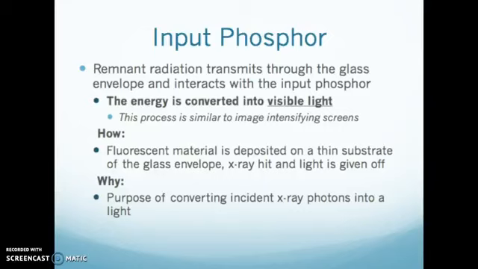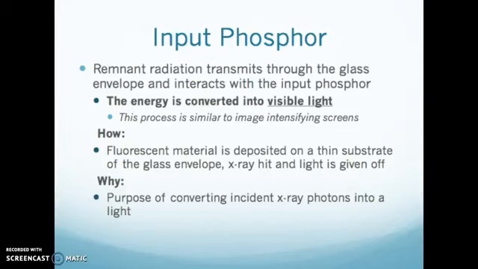So we're going to talk about the input phosphor. The input phosphor is the first thing that intercepts the X-ray photon in the remnant beam. So it transmits through the glass envelope and interacts with the input phosphor. The energy of the photon is converted to visible light. So this process is just like our intensifying screens, same idea. So how does it do this?